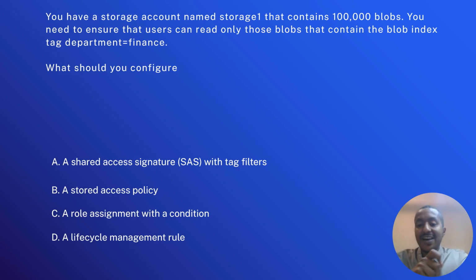But these are about data movement, not about who is allowed to read or write. So we cannot use it to control authorization. We can use it only to manage the data movement and retention. So this is also a wrong answer. And then the correct answer is C, role assignment with a condition.